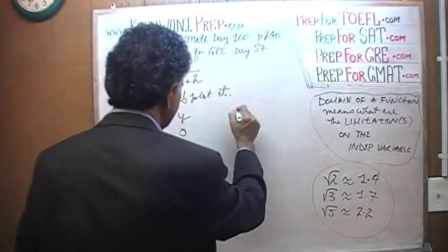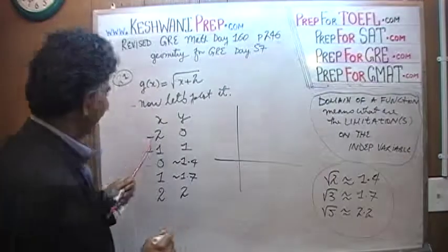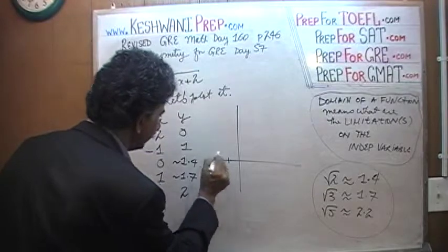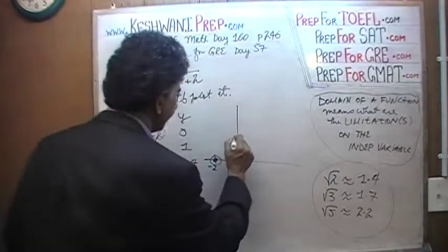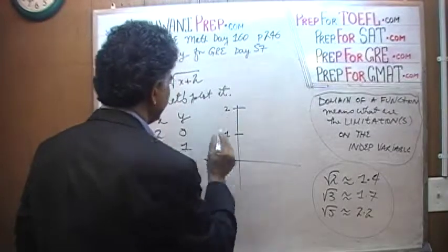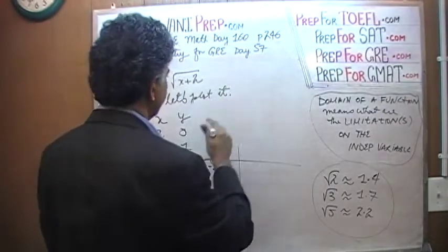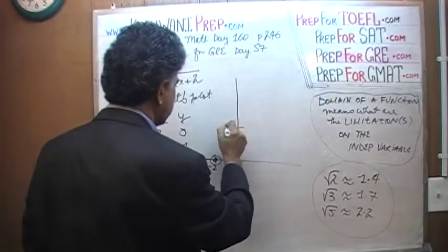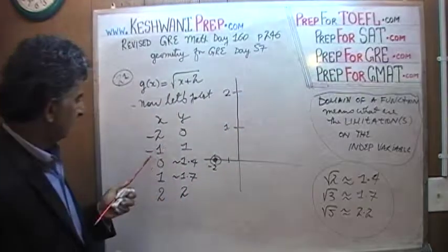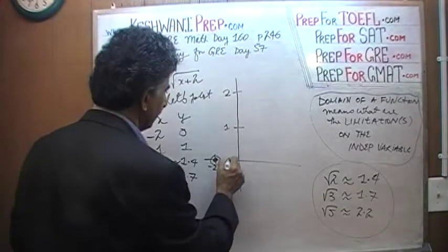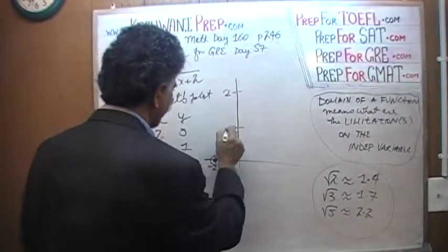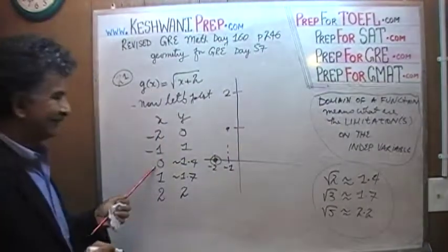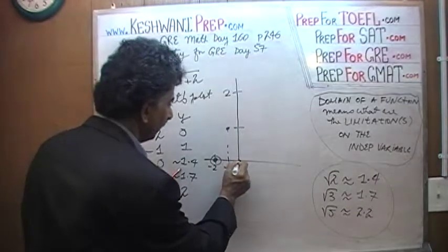Let's plot it. When x is -2, y is 0. That's the first point. When x is -1, y is 1. Let's put it a little bit higher so that we can see here. When x is 0, y is 1.4.